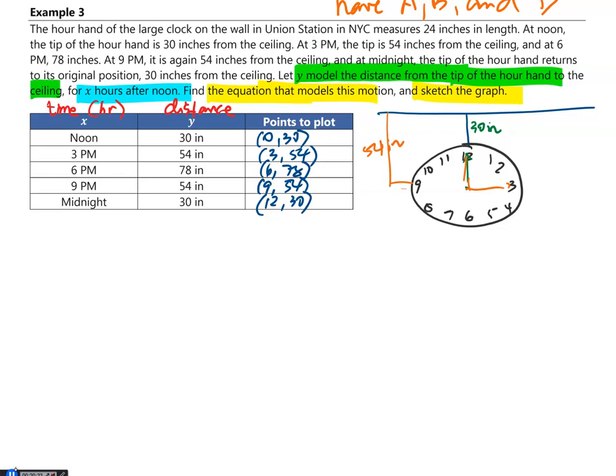Now the big question is, is this a sine or a cosine? So let's try to plot these points.